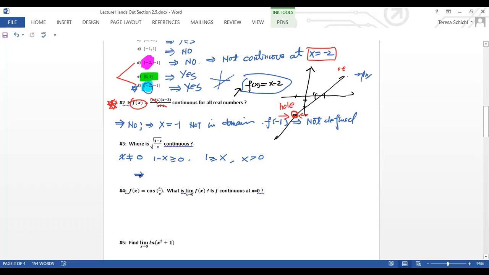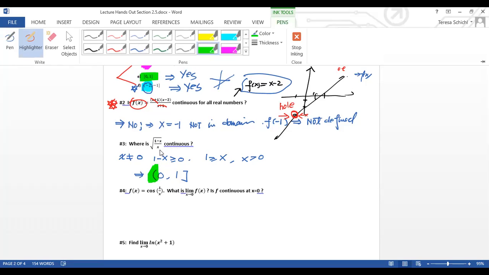So where is it continuous? It is continuous from 0 to 1. Take a look here, I have open intervals, right? The reason the interval is open is because the denominator cannot be equal to 0.